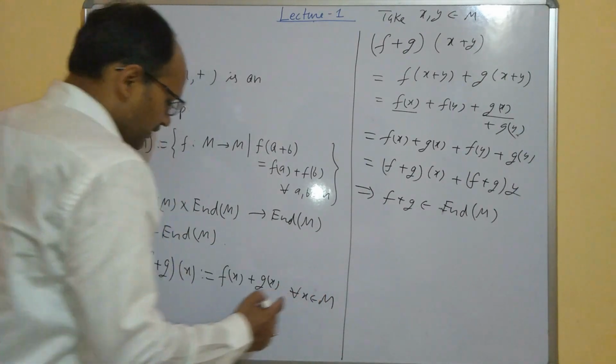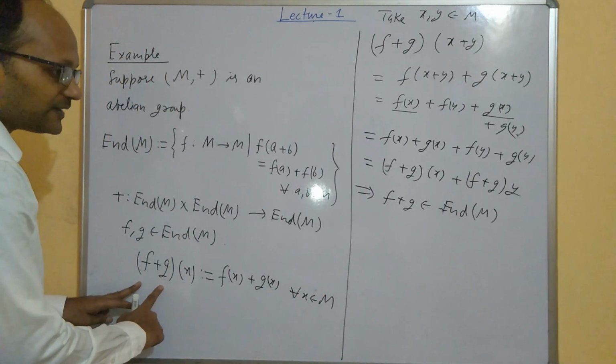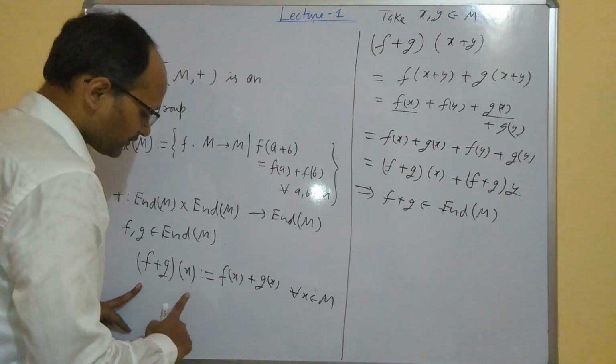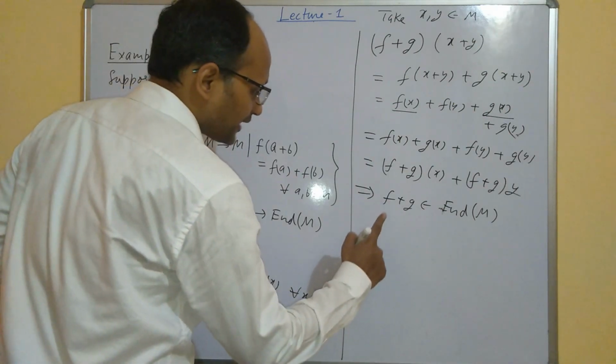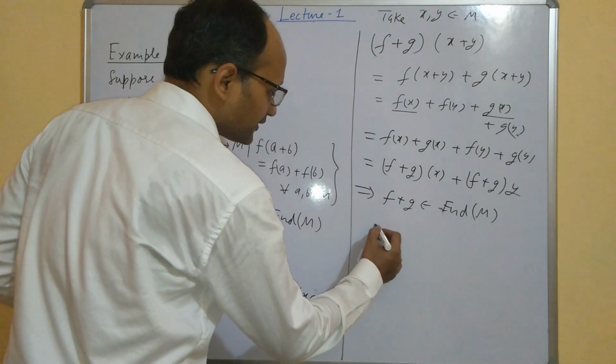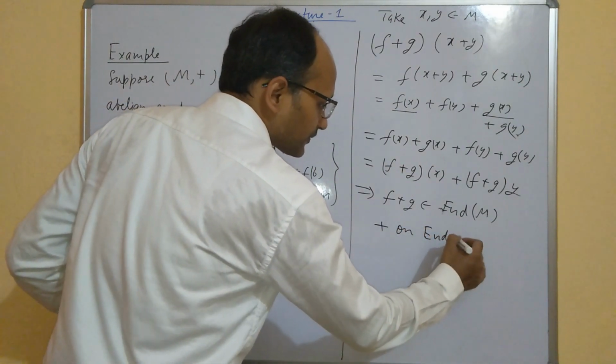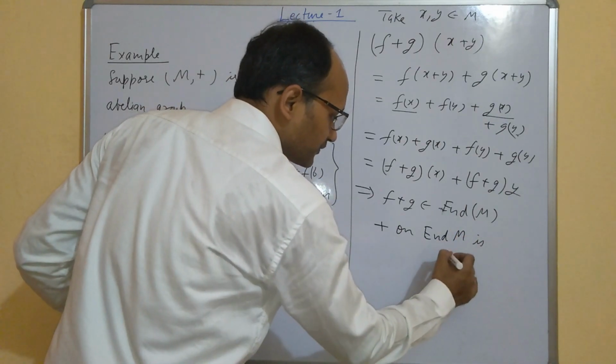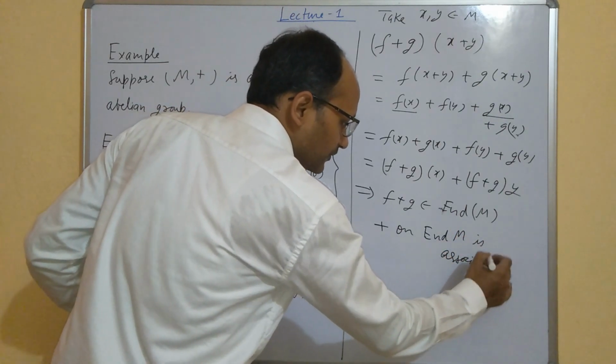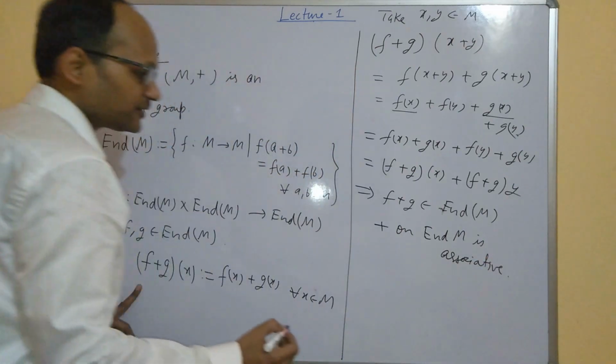Now you can easily check that this map is associative. I am leaving it as an exercise to check that this plus on End M is associative. How will you show it?